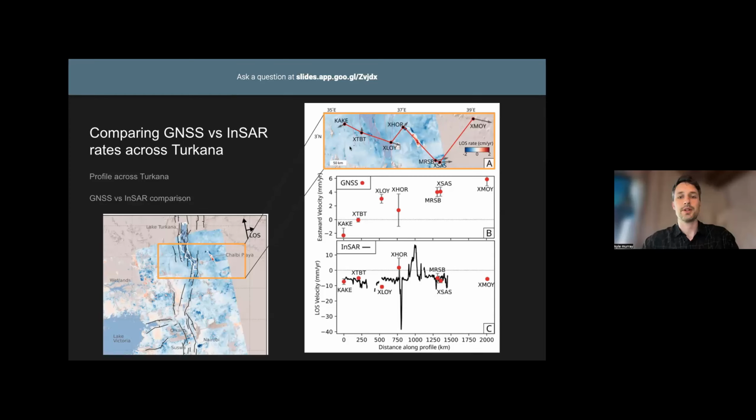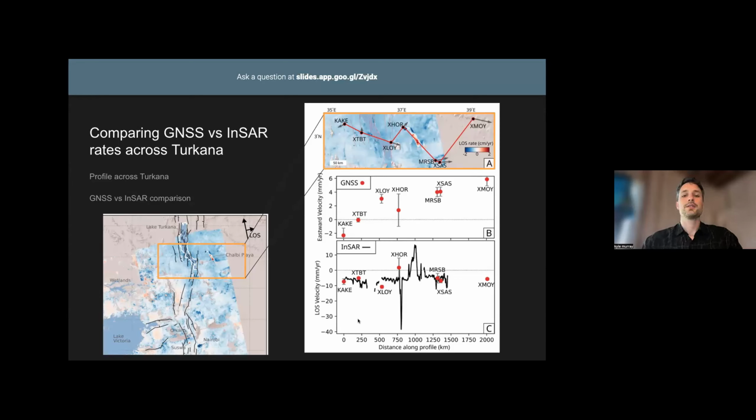So that's that blue and red again. Panel B shows the eastward component of the GNSS velocities. It's more or less consistent with rift opening at up to about 6 millimeters per year in that section. And on the bottom panel, by projecting the GNSS velocities into the InSAR line of sight direction, we can more directly compare the two data sets.